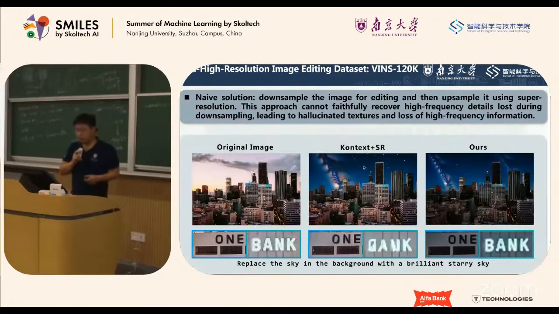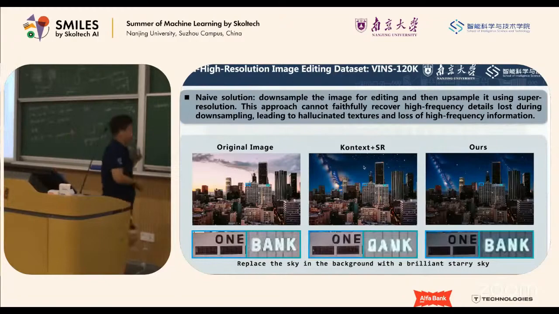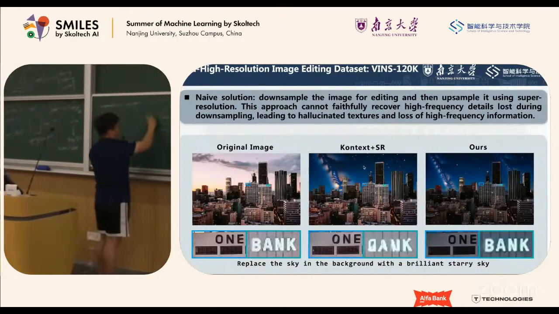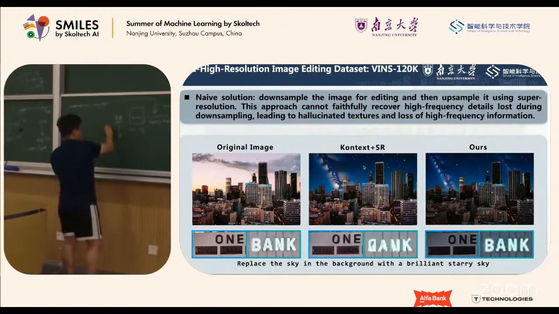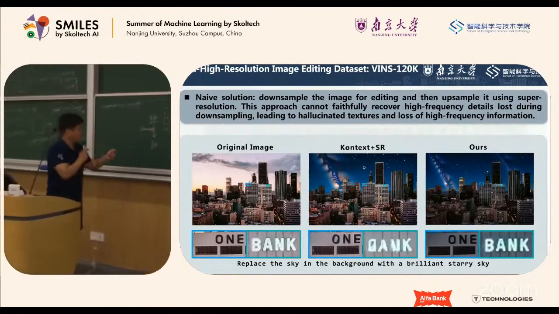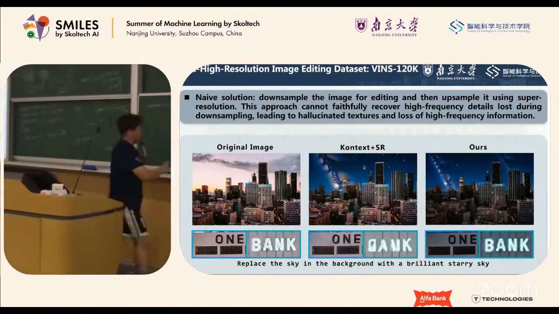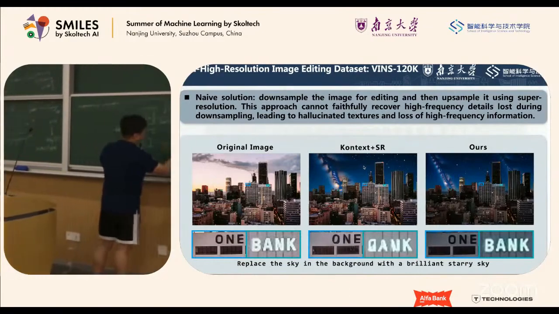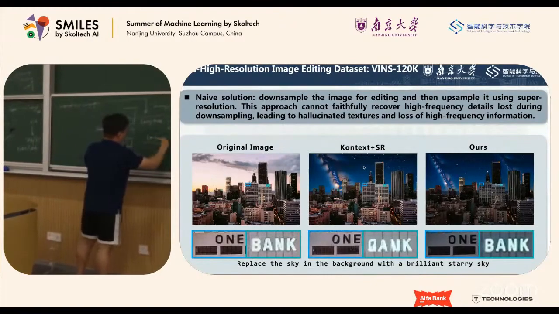So how to address this problem? A straightforward solution is, if 4K resolution is not good, let's just downsample the original image to 1K resolution, and then perform the instruction-based editing.